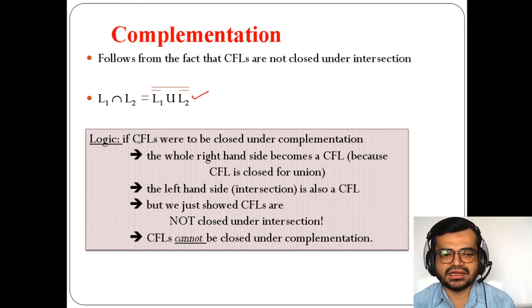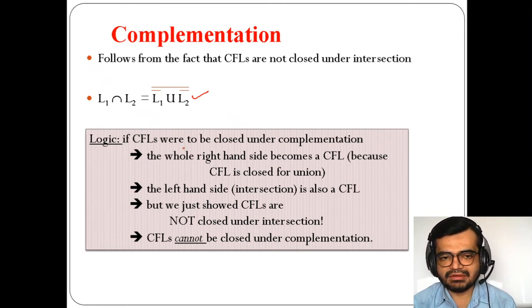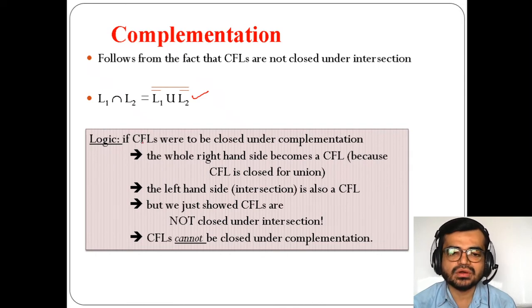If you understand the logic, if a CFL were to be closed under complement, the whole right hand side would become a CFL. Why?